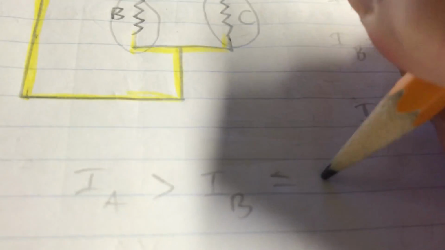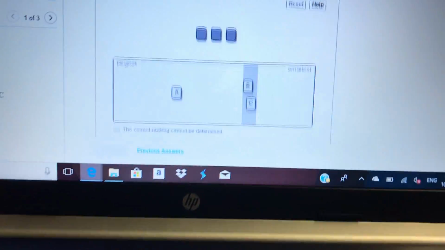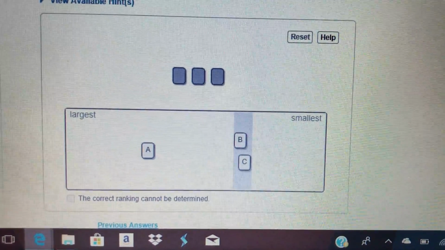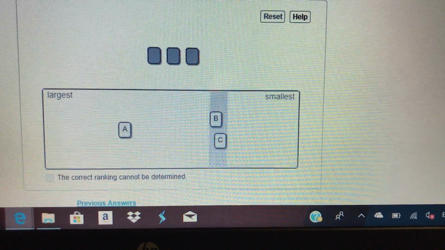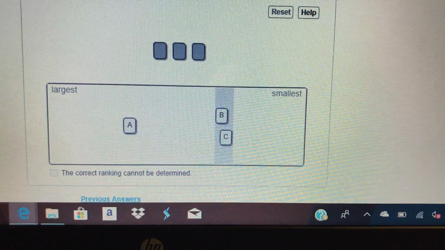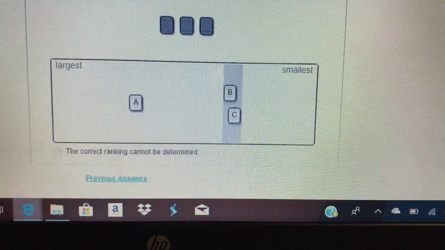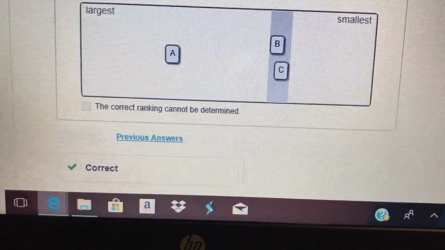That means IB equals IC. So the final result is IA larger than IB equals IC. Okay, and here I put IA to the left, which is the largest, and then IB and IC to the right, and they overlap, and that answer is correct.